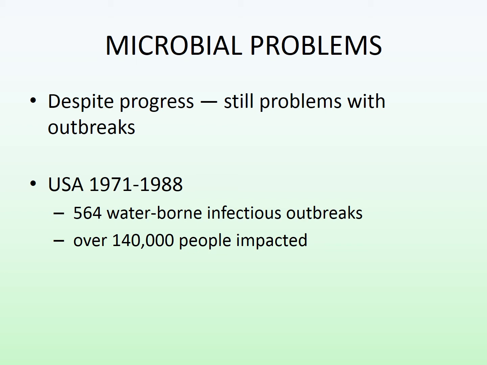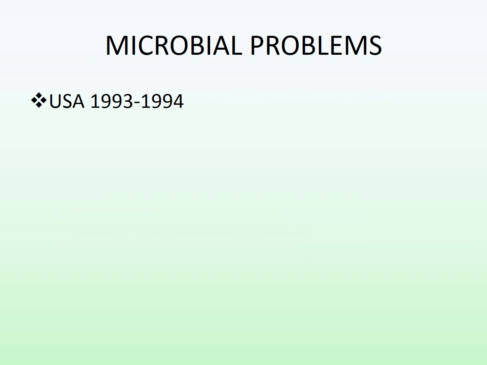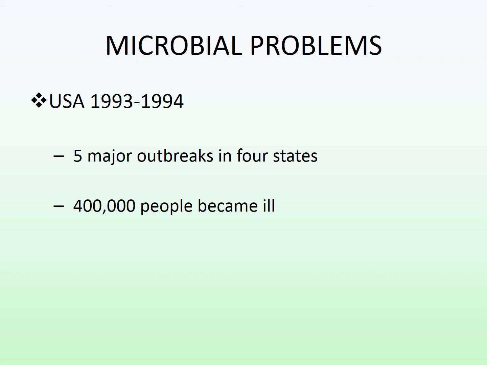If we move forward a little bit and we go back 25 years, look at the period of time in the United States, CDC data from 1993 to 1994. In that 2-year period, we had 5 major outbreaks in 4 states. And these were big outbreaks. So just in 1993, 1994, about 400,000 people became ill, serious enough to actually kill 50 of the 400,000 people that became ill.